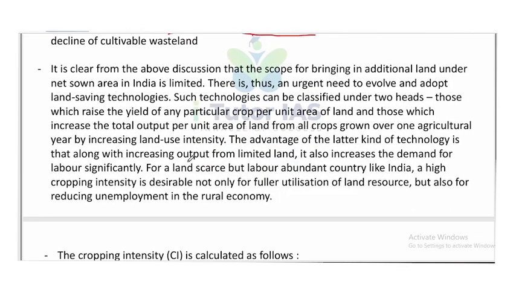It is clear from the above discussion that the scope for bringing additional land under net sown area in India is limited. There is thus an urgent need to evolve and adopt land saving technologies.